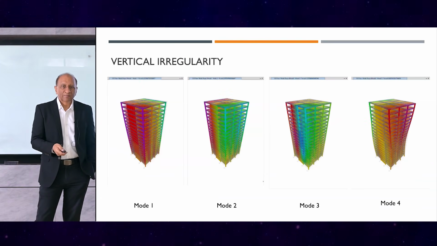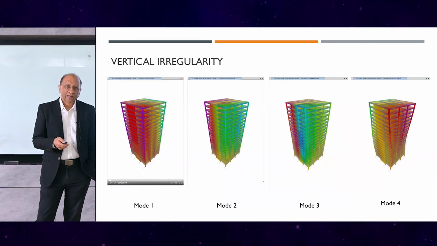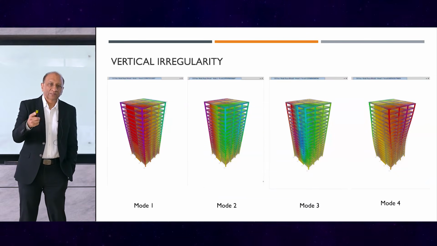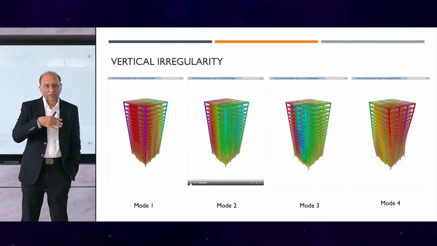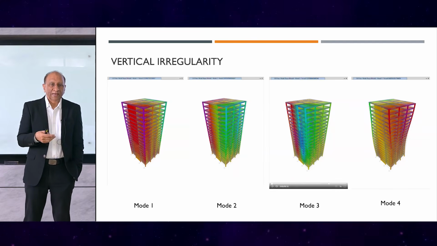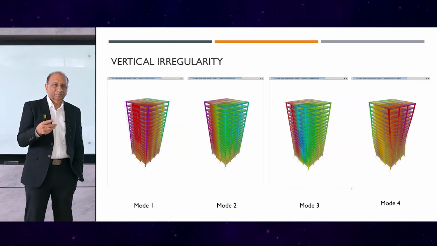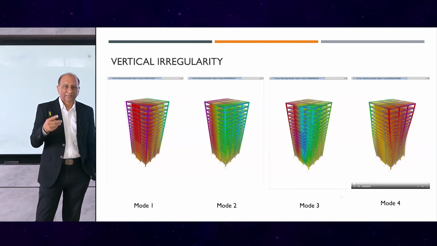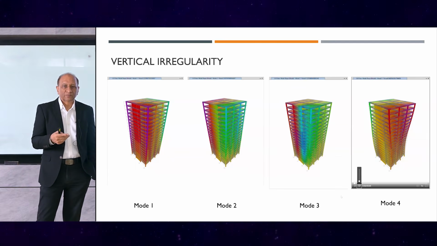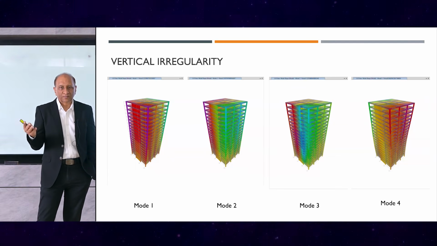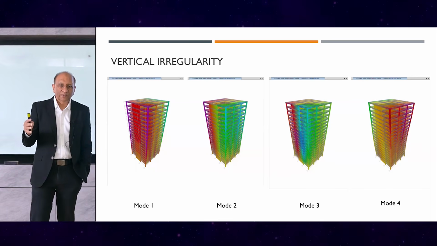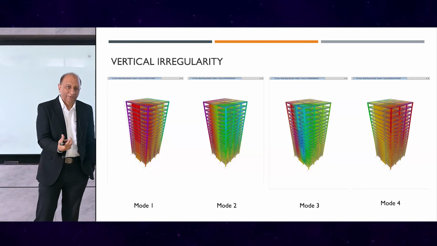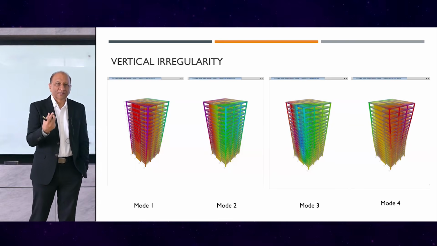And if we look at the modal response for this one, we can see here the first one is like that because both walls are moving and it's rotating now. And then the next one, and then the third one, the last one is becoming very complicated. Some parts are moving this way, some parts are moving this way. There's no pattern because the lower part tends to be symmetrical, the upper part is not.